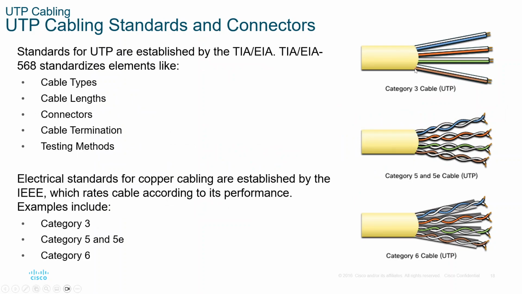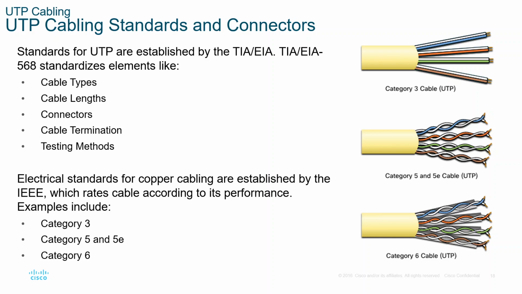There are different categories of UTP cables. When you purchase UTP cable, you have to decide which category you need. Each category has a different speed. The most recent category is, I think, category 7, and it's, I don't know, 10 gigabit per second. So you have to decide.